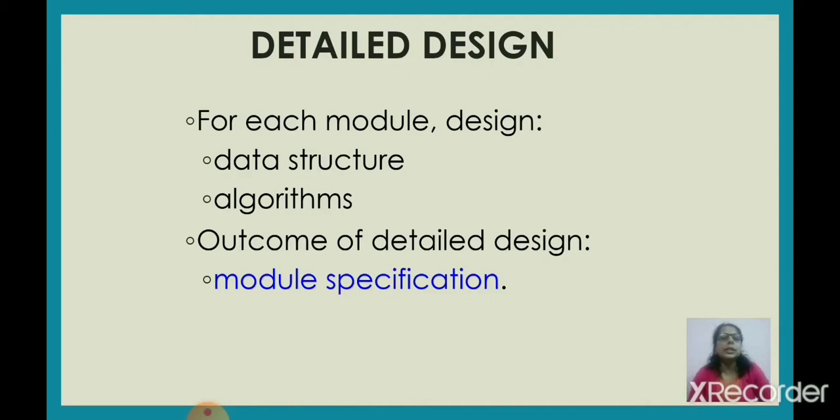From the SRS they convert the requirements into different modules and decide the relationships among the different modules. Then in detailed design they design the data structure of each single module, what data structure each module uses, and what the algorithm of each module is. This can be specified in detailed design.